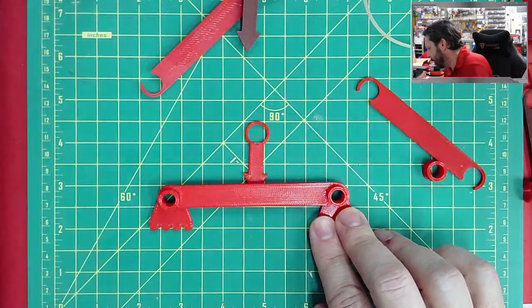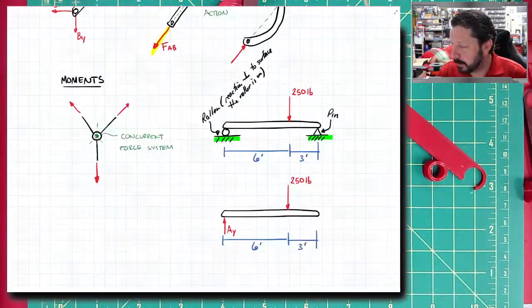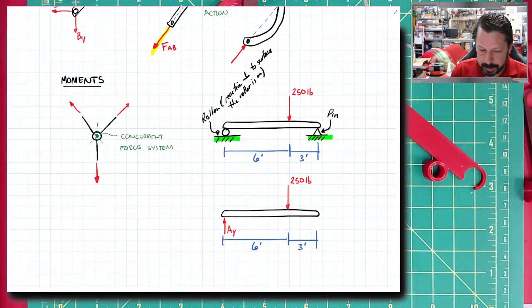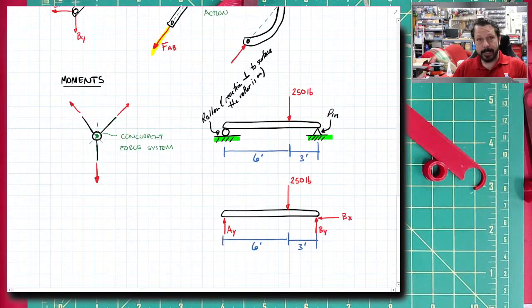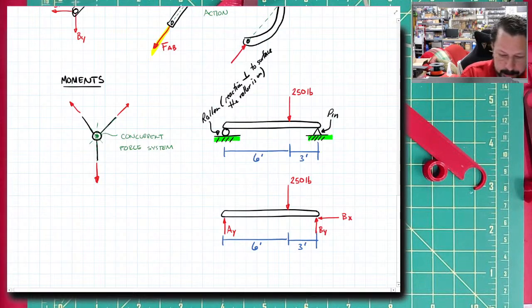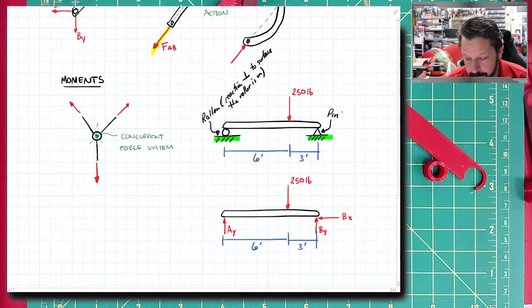So it doesn't keep it from doing that, but it does have reactions that make it where the thing it's pinned to can't move in the Y direction, and it can't move in the X direction. So that means it has reactions opposing any kind of potential movement in those directions. So a pin has two orthogonal to each other reactions.